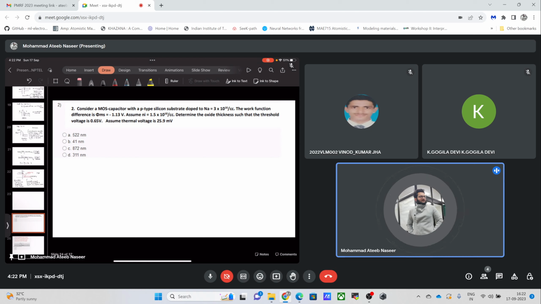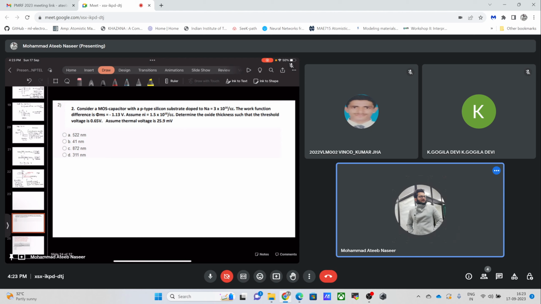Now it says we have to consider a MOSCAP with a p-type silicon substrate, which has been doped to a carrier concentration of 3 into 10 to the power of 16 per centimeter cube. The work function is given to be equal to minus 1.13. So it is not an ideal MOSCAP.